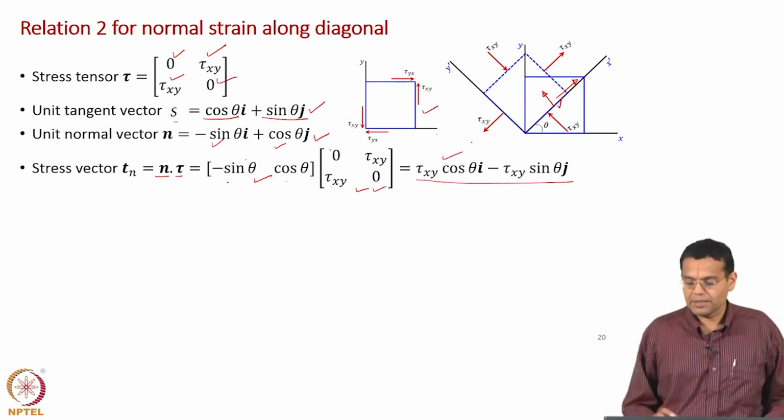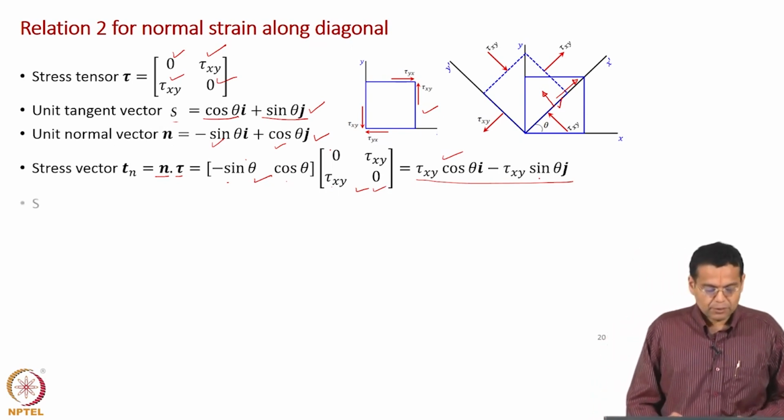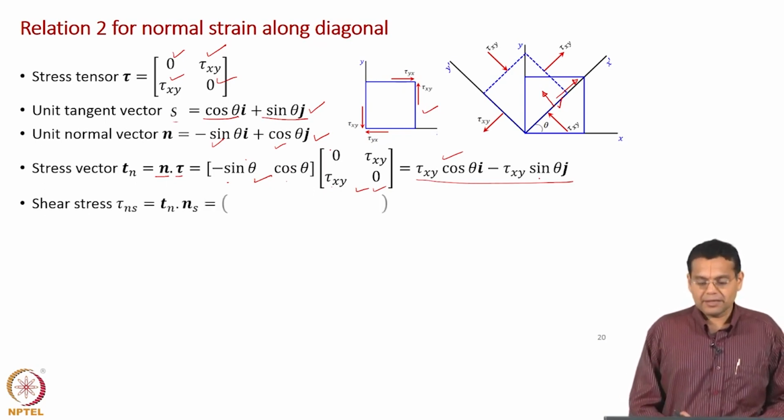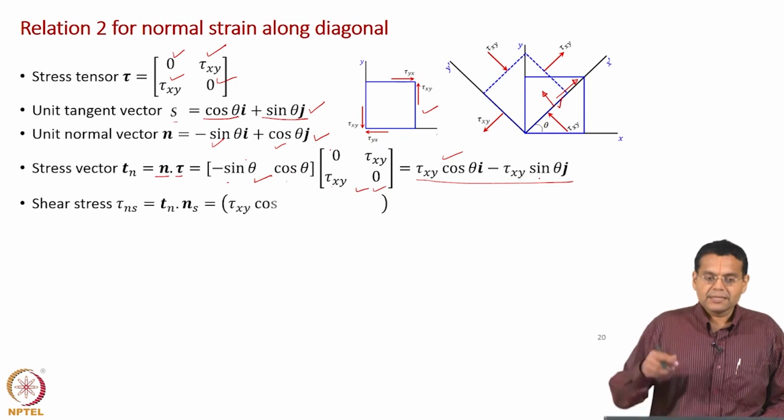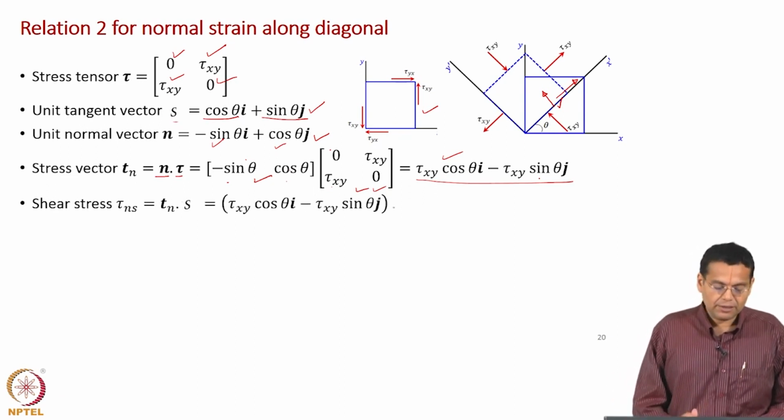Similarly, the other component will give you minus tau xy sin theta j. Now, once we have found the stress vector, we have already seen examples, we know how to find the shear stress and the normal stress acting on the plane. So, let us find the shear stress.